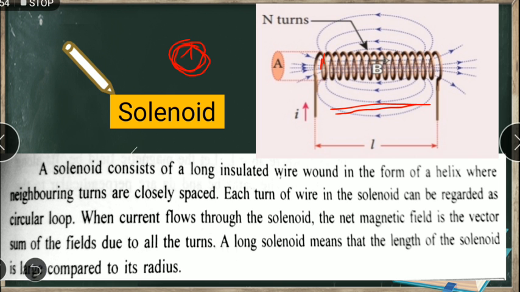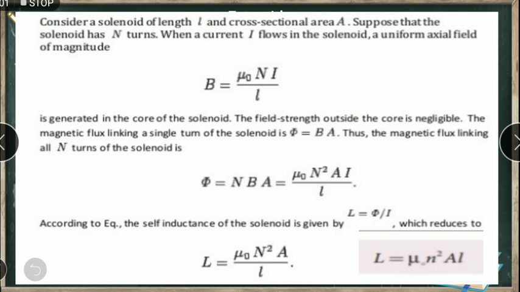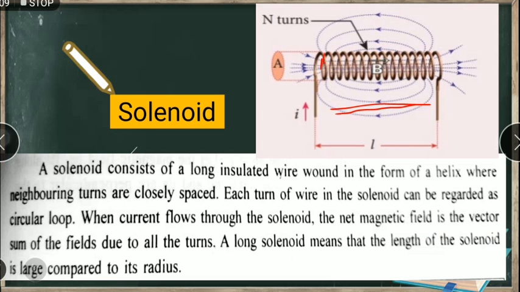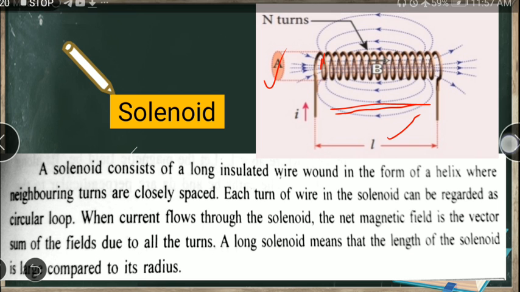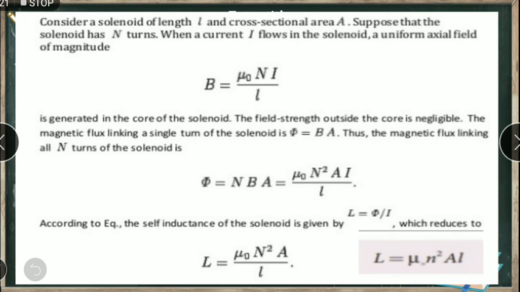Here let's find out the expression for the self inductance of the solenoid. Consider a solenoid of length L and cross sectional area A. In the diagram you can see the solenoid, its length is L and the area of cross section is A. Suppose the solenoid has N turns.